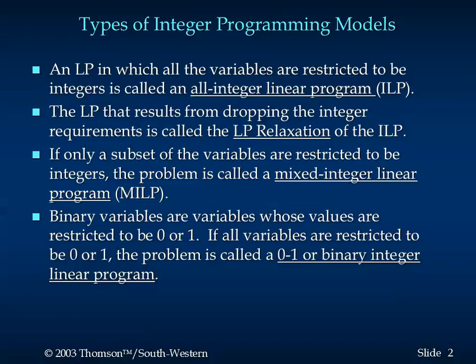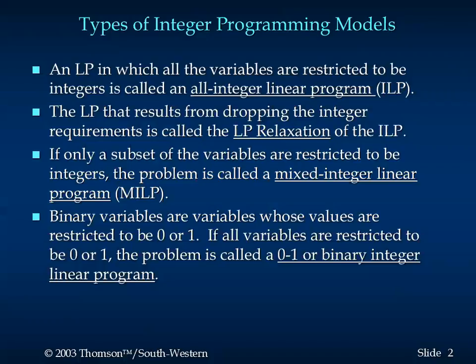Sometimes we solve it assuming that it's non-integer. We take an integer programming problem and relax it, dropping the integer requirement. That's called an LP relaxation, linear programming relaxation. Sometimes that itself gives you the correct solution, and if that's the case, we're very happy. If it's not, then we have to do something further.